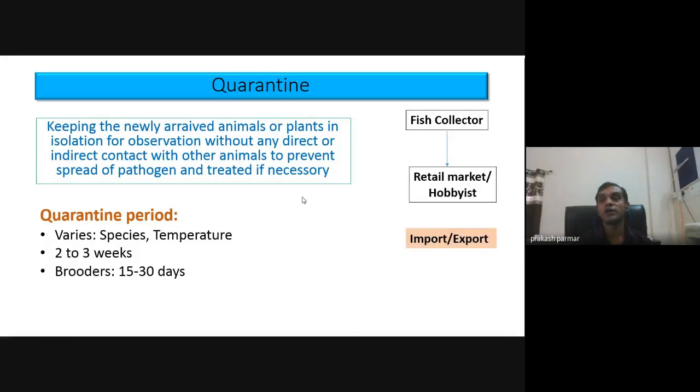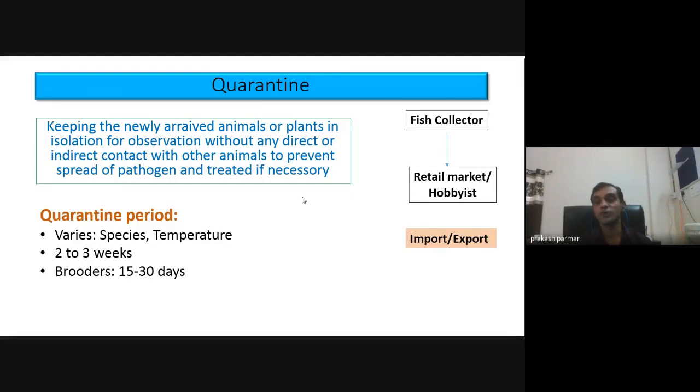They collect the fishes, and after collecting, they sell to the brooders, who are developing the brooders, and then they sell to the hatcheries, and there is a long chain till it reaches the retail market and hobbyists. So at each of these contact points, the fish is getting stressed, and transportation is very common at all these points.